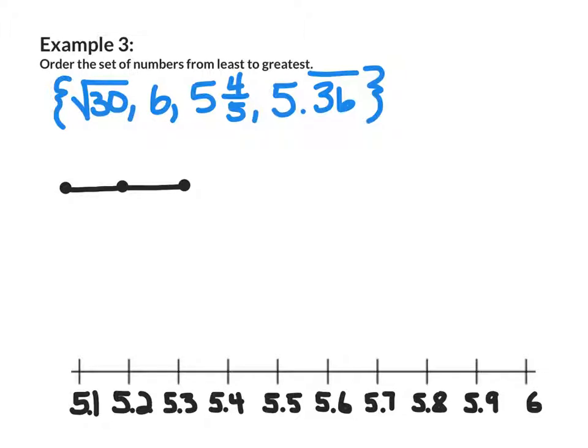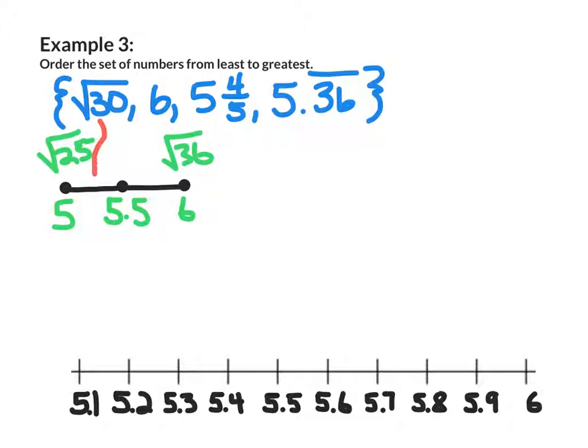So the square root of 30 is between the square root of 25 and the square root of 36. The square root of 25 is 5, square root of 36 is 6. So halfway in between is 5.5. So I know that the square root of 30 is going to be about here. So a good estimate would be about 5.4.